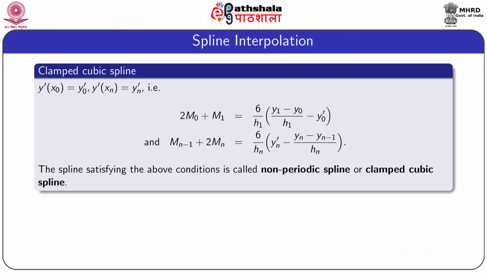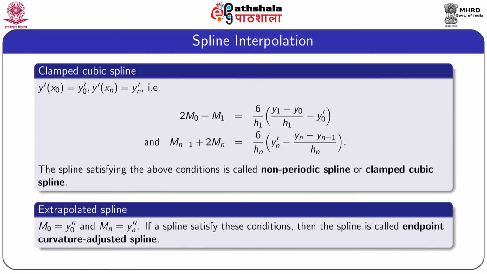That is, we can write 2m0 + m1 = (6/h1)[(y1 - y0)/h1 - y0'], and the second equation is m_{n-1} + 2mn = (6/hn)[yn' - (yn - y_{n-1})/hn]. The spline satisfying this condition is called the non-periodic spline or clamped cubic spline.